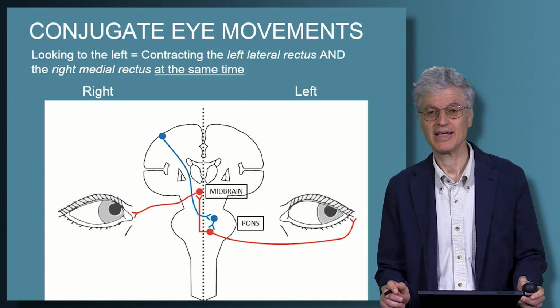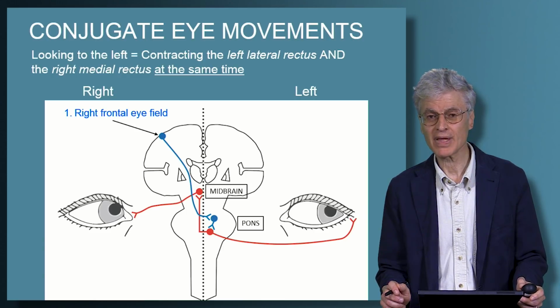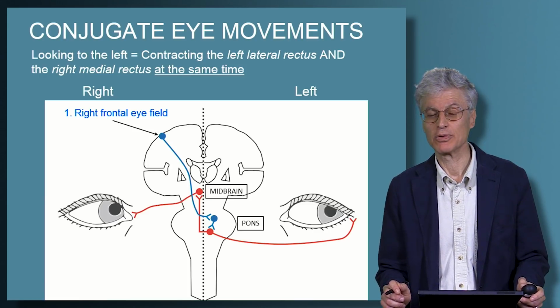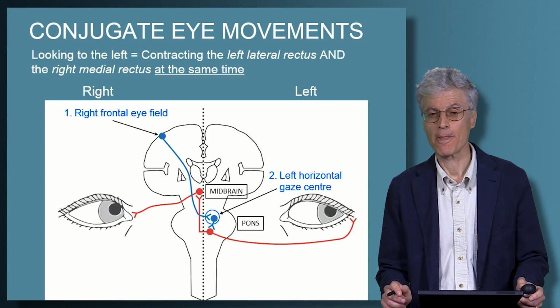So the blue dot at the top left of the screen, which is the right side of the brain, is the right frontal eye field. That sends the command to look to the left. It sends that signal down through the internal capsule to the brainstem, where it crosses the midline to reach the left horizontal gaze center in the pons.